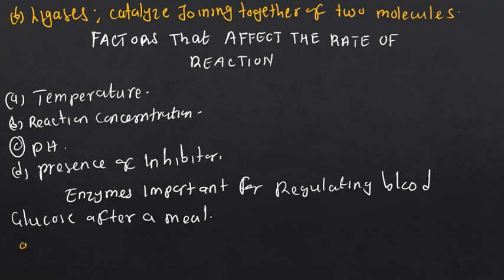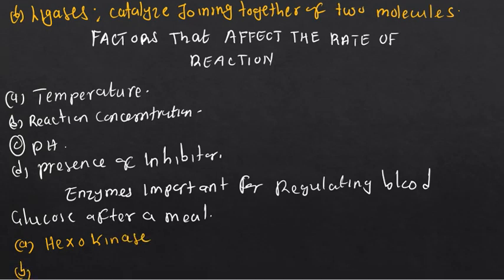They're simple. The first one is the hexokinase. The second one is the glucokinase. So hexokinase, from hexose, and glucokinase. Very important to remember this part.